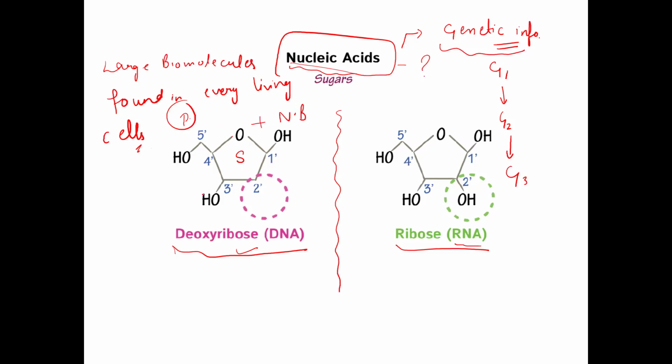In this sugar molecule, the second carbon lacks a hydroxyl group, so we say it's deoxyribose nucleic acid. Whereas in ribose nucleic acid, the second carbon in the sugar molecule has a hydroxyl group. So it's RNA, called ribonucleic acid.